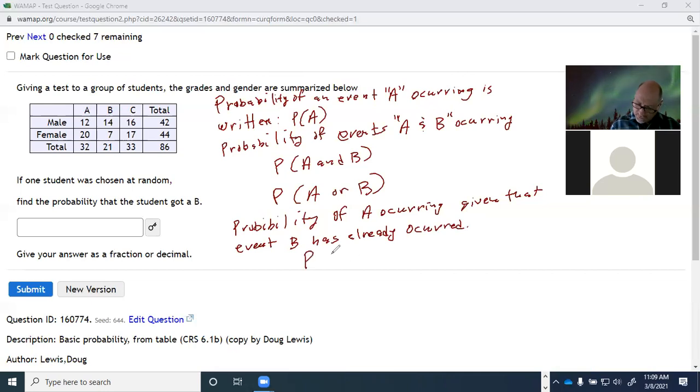And that's written probability of A with a vertical line B. We usually read this as probability of A given B, okay? So that's A given B. We use the word given there. So this means what's the likelihood that A will happen if we already know B happened?